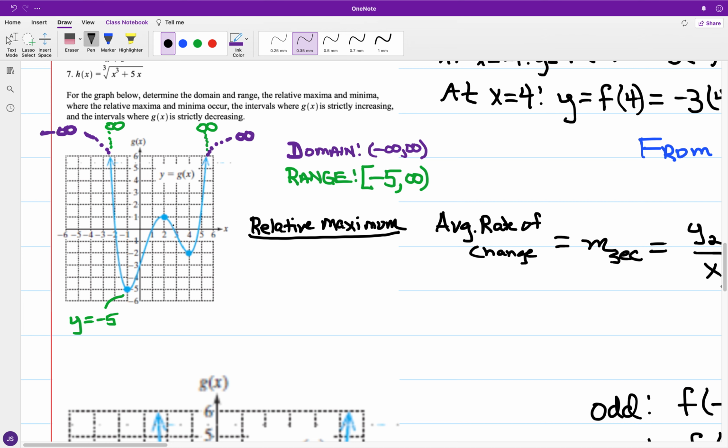So you have 2, 1. So the relative maximum is going to be at y equal to 1, and the relative maximum is going to occur at x equal to 2.